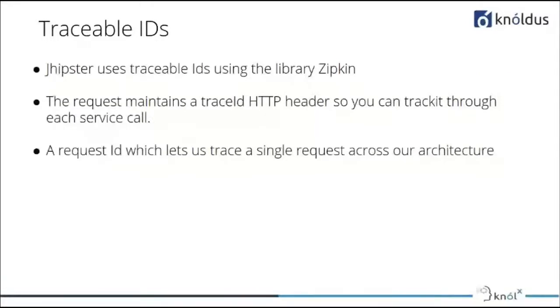If in between, service B or C is down, through the traceable ID we have an idea why that particular request failed. JHipster provides the traceable ID through the Zipkin library.